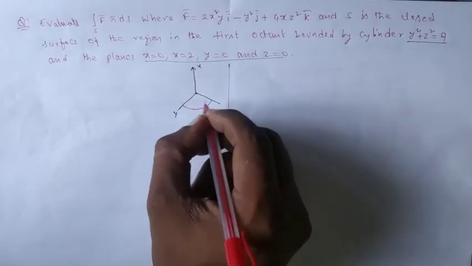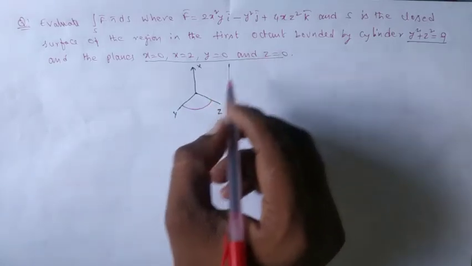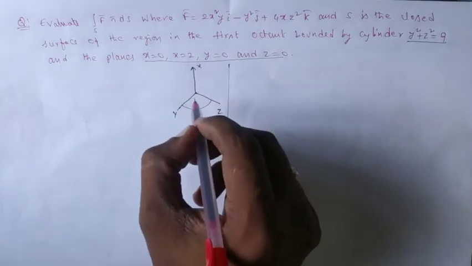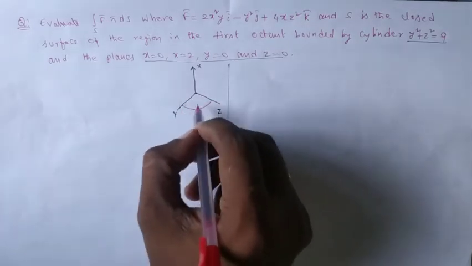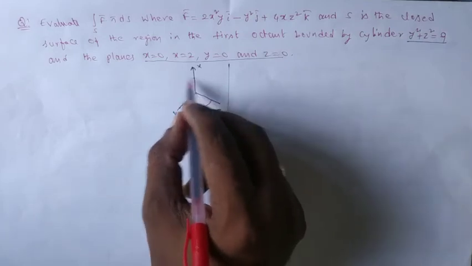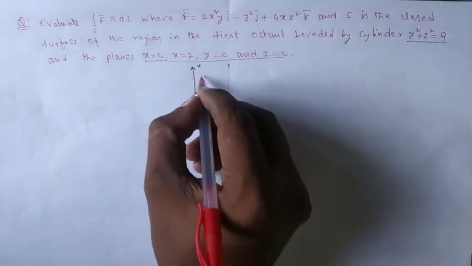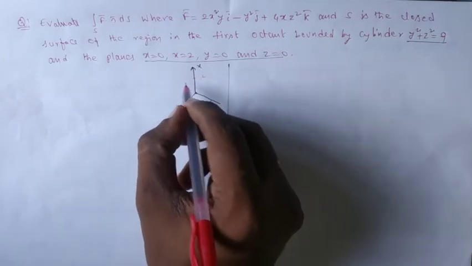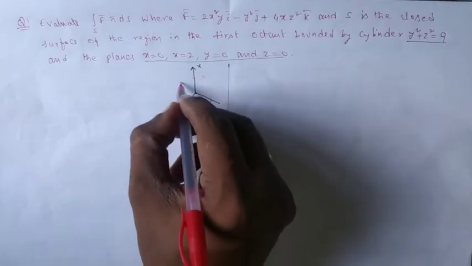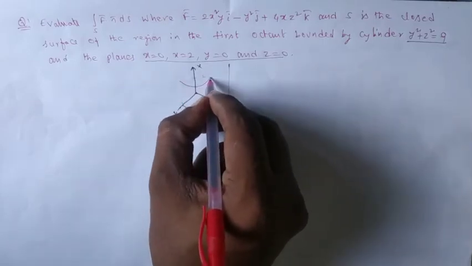So we are taking in the first octant, means we should not take the complete circle, a quarter of the circle, and it is from x equal to 0. This is the x plane, so it is x equal to 0 to x equal to 2, it may be taken up to this level. So the surface may be here.